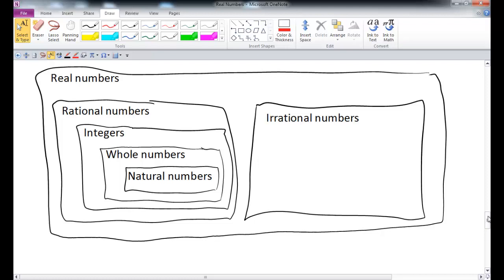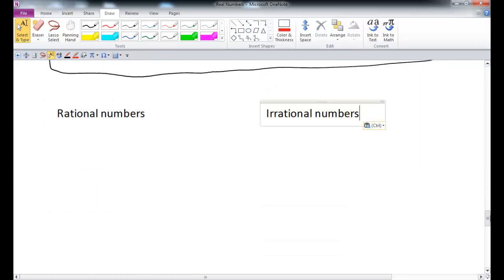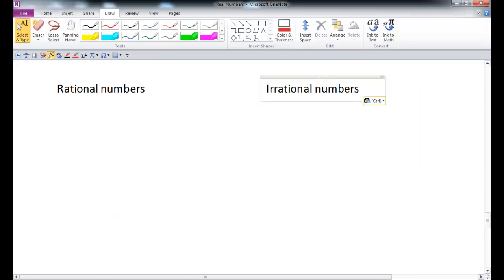Let's talk about the difference between rational numbers and irrational numbers when we're dealing with square roots. The square root of a perfect square is a rational number. So if we take the square root of 16, we get 4, which is a rational number.